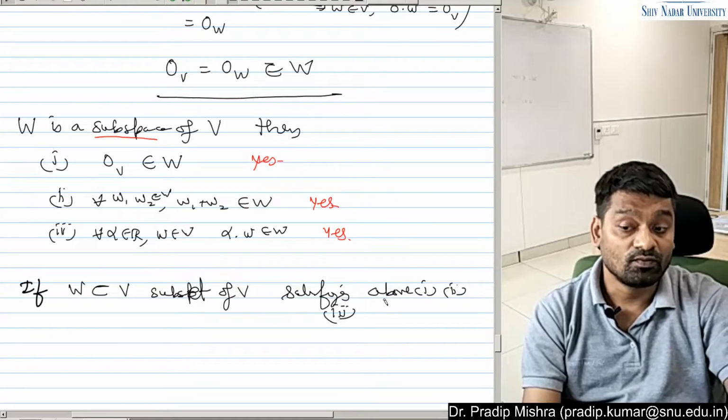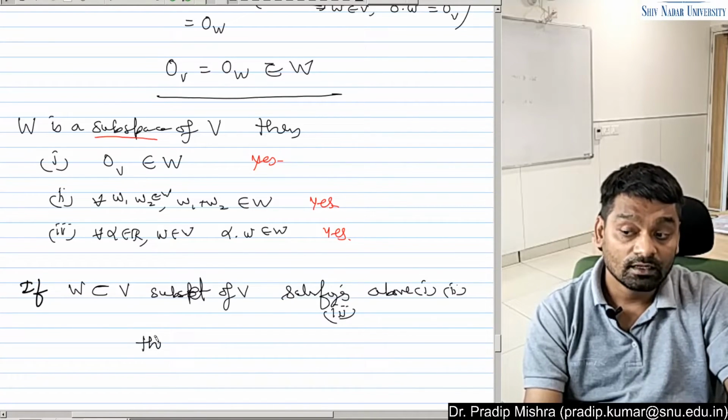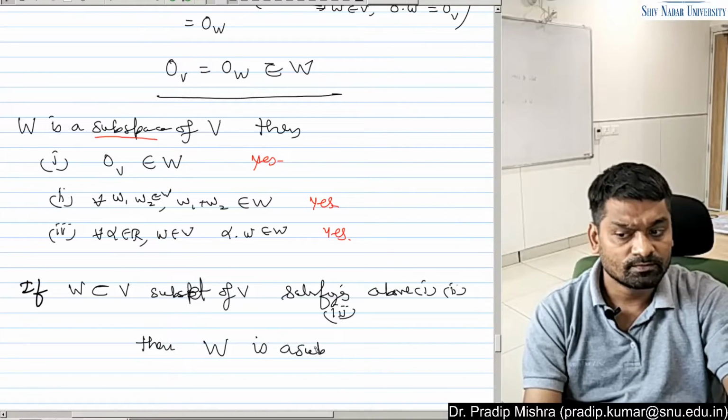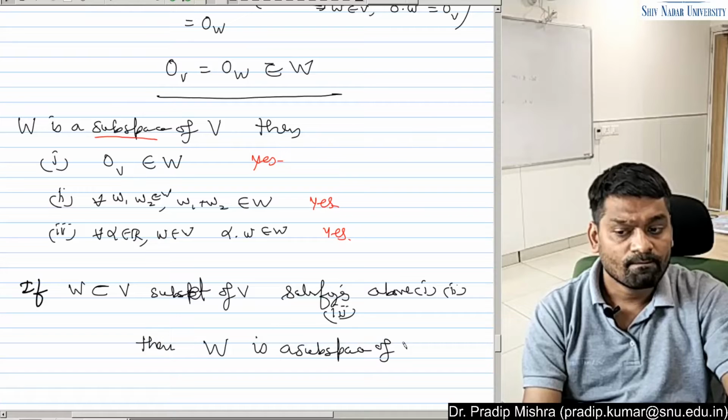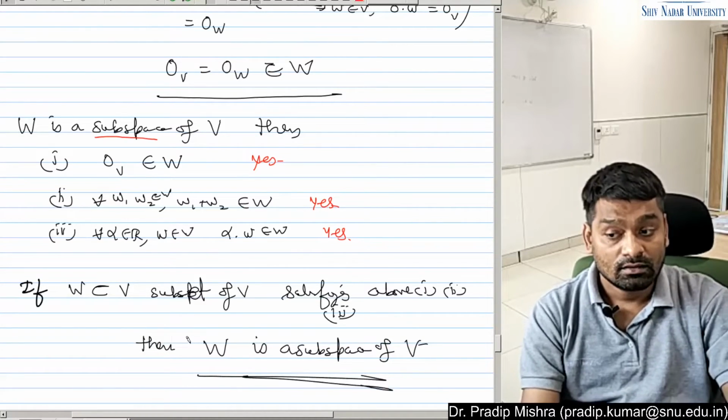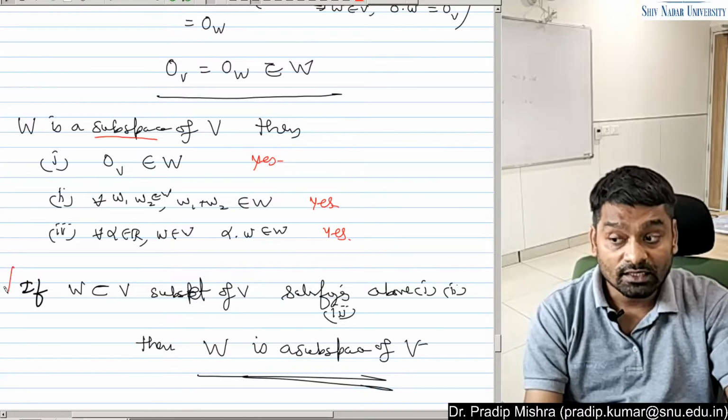W is a subset of V satisfying the above 1, 2, 3. Then we can ask whether W is a subspace of V. Just pause the video and try to understand the question.